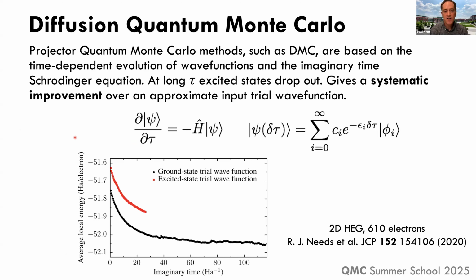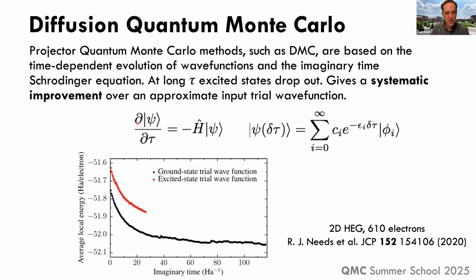Well, it's from a family of so-called projector quantum Monte Carlo methods, and instead of solving the time-independent Schrodinger equation, they're based around, or at least inspired by, the time-dependent Schrodinger equation and the evolution of wave functions, well, not just time, but imaginary time.